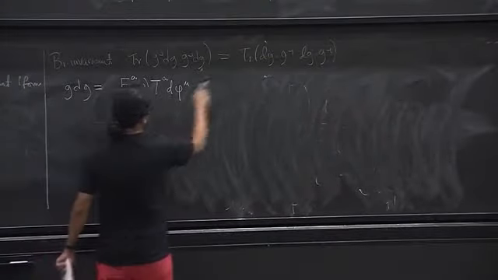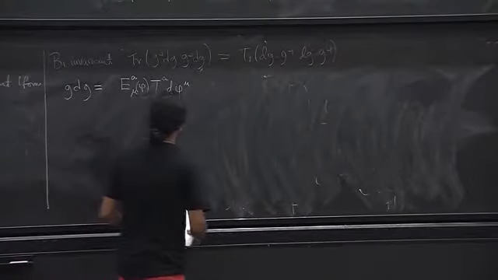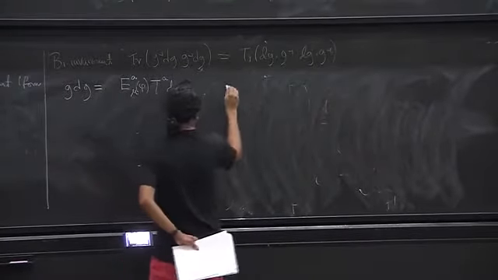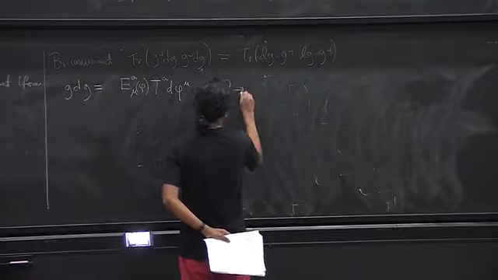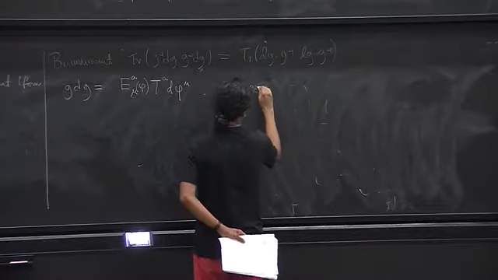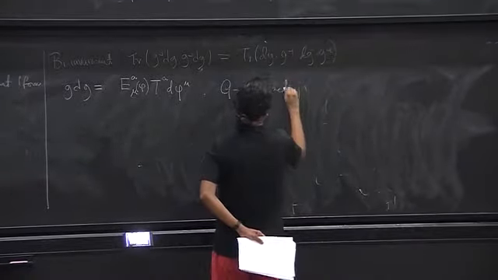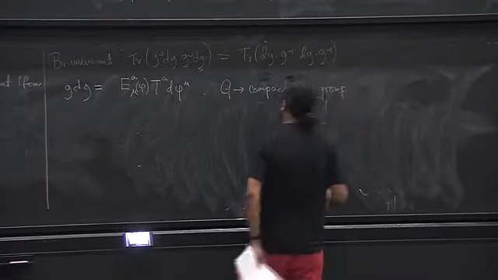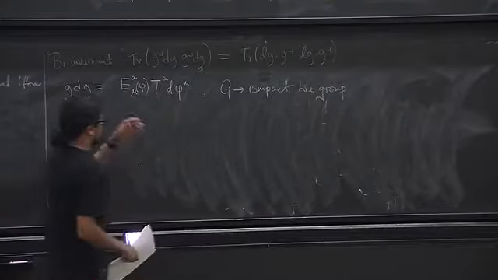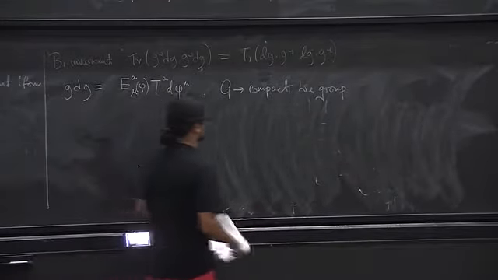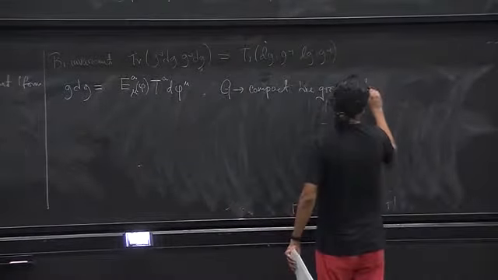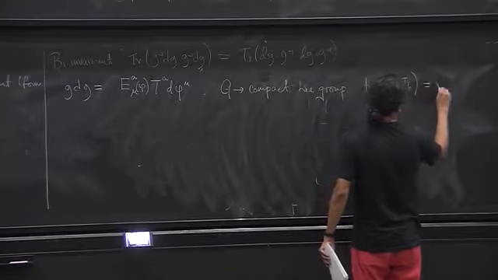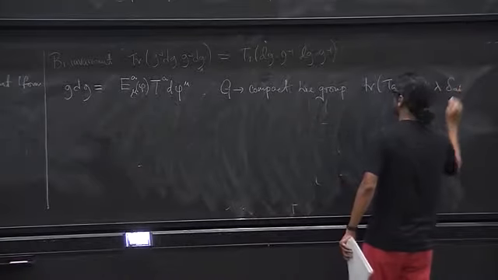Now if I plug this in and use the fact that G is a compact Lie group, I can normalize the trace of T^A T^B to be some constant times delta^{AB}.